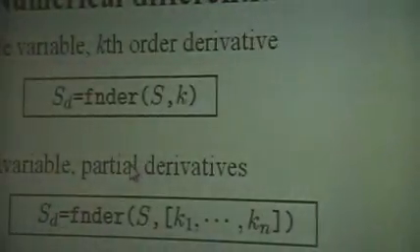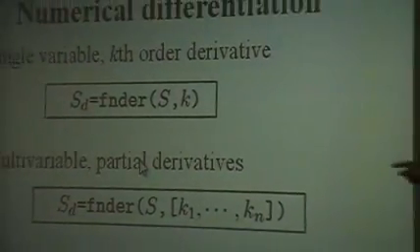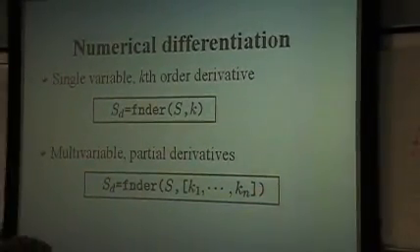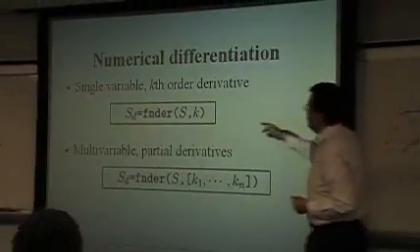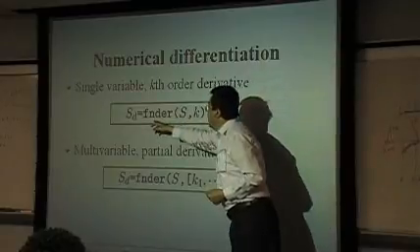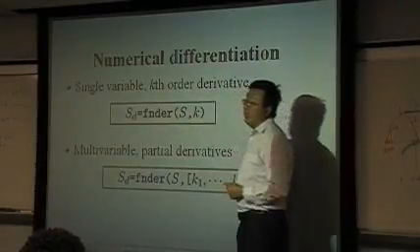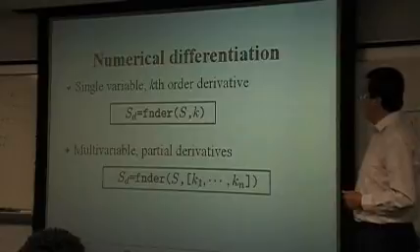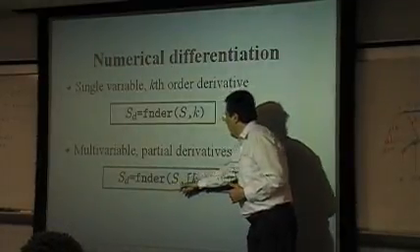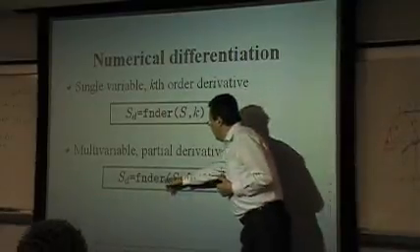So how can I solve this kind of problem? Since you have already created an object F, which can either be a cubic spline object or a B-spline object, you can easily find the k-th order derivative with the use of the function fnder. And for multivariable problems, you can easily find the partial derivatives using the same function.